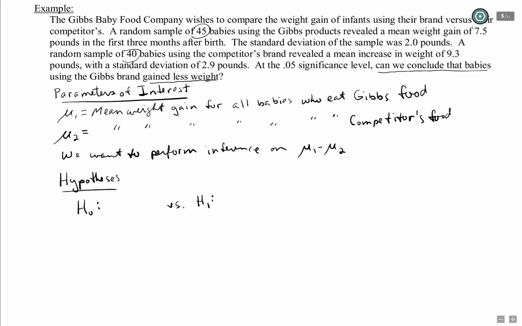That is, can we conclude that mu1 is less than mu2? That's the claim we want to test. By the way, that's the same as checking to see if mu1 minus mu2 is negative. If that is the alternative hypothesis, then the null hypothesis would be that mu1 is bigger than or equal to mu2, or equivalently that the difference is bigger than or equal to 0. But this is the claim we want to test, and we're going to do that with our z test statistic here.